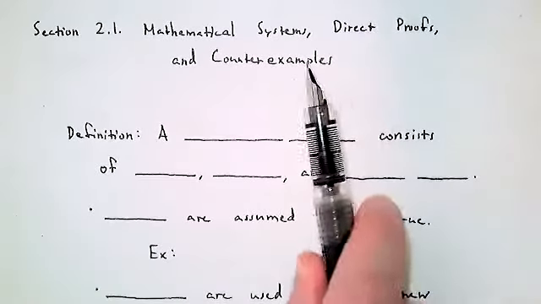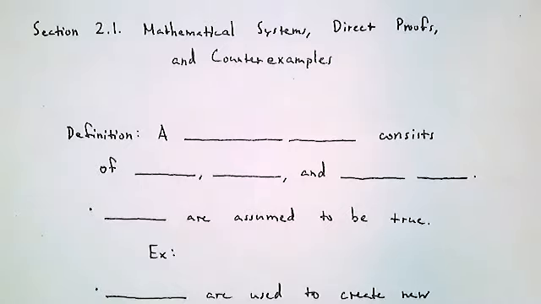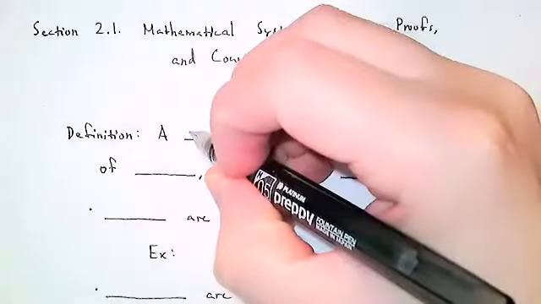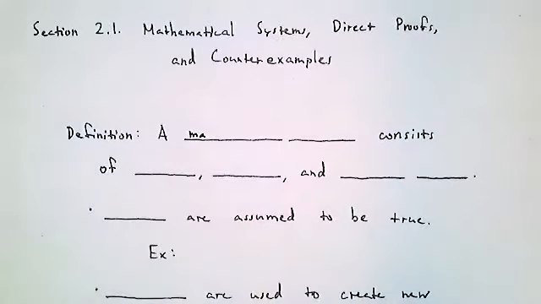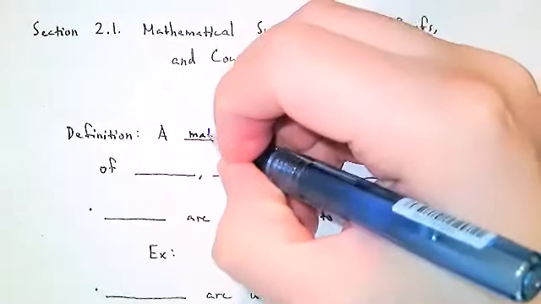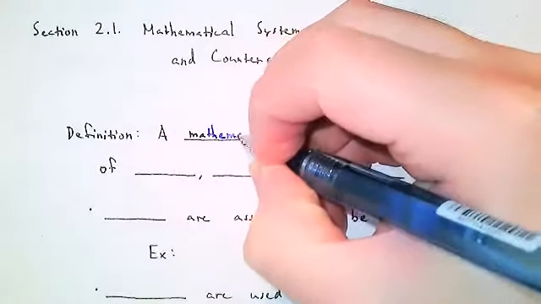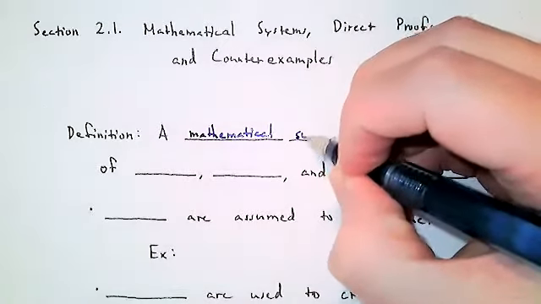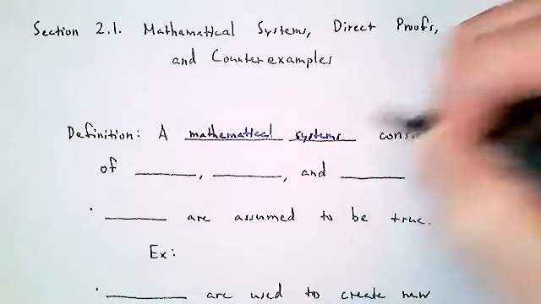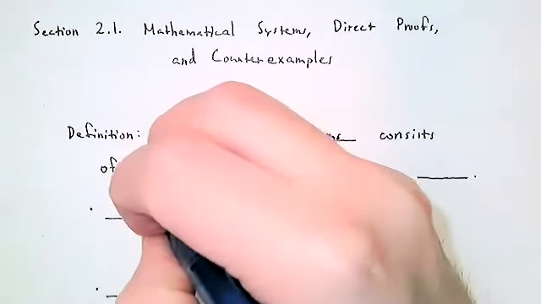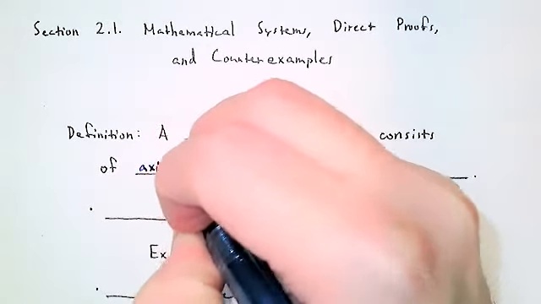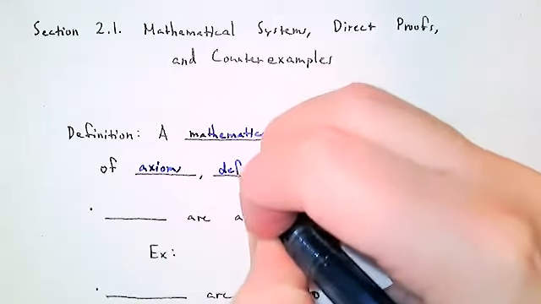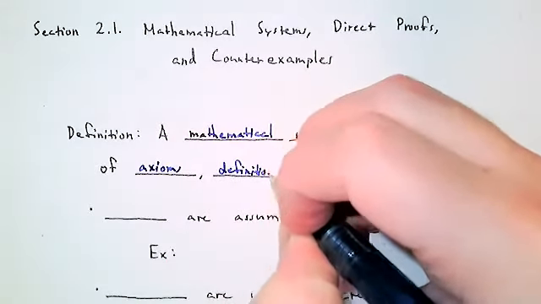But before we get to proving things, we need to first talk about mathematical systems and what that means. So a mathematical system consists of things like axioms, definitions, and undefined terms.